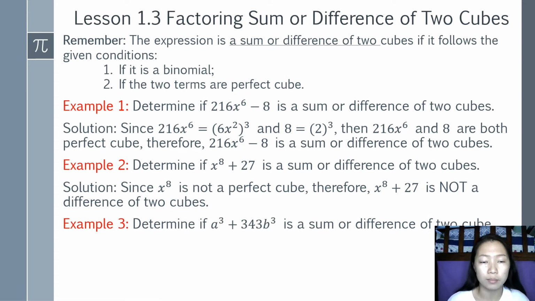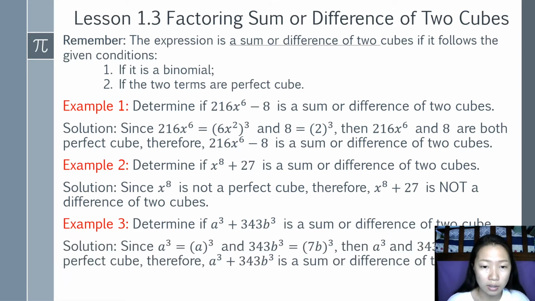Example 3. Determine if a cubed plus 343b cubed is a sum or difference of two cubes. Since a cubed is equal to a raised to 3 and 343b cubed is equal to 7b raised to 3, then a cubed and 343b cubed are both perfect cube. Therefore, a cubed plus 343b cubed is a sum or difference of two cubes. Ma'am, bakit po naging a ang cube root ni a raised to 3?